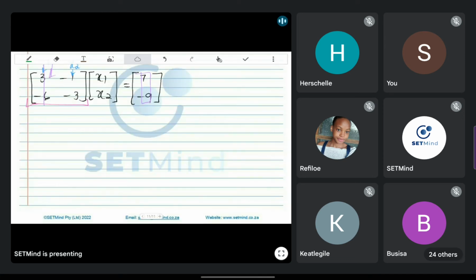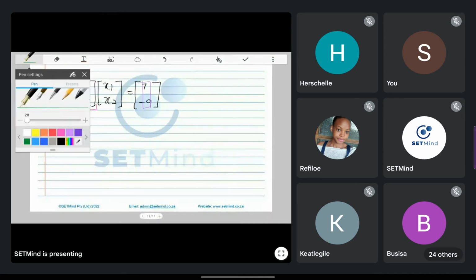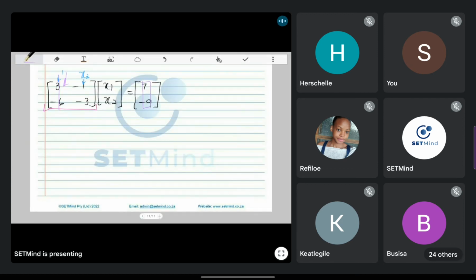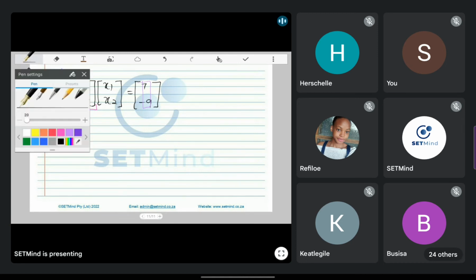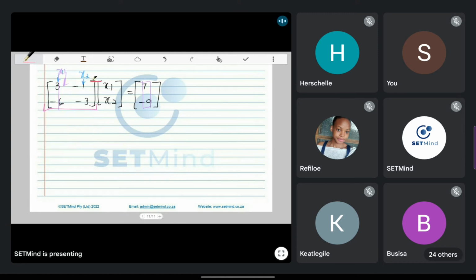Okay, cool. So let's look at this one. We said this is the x1 row. Now we are looking for x2. So this is the x2 column. I'm going to cancel it out and replace it with the column which is after the matrix.